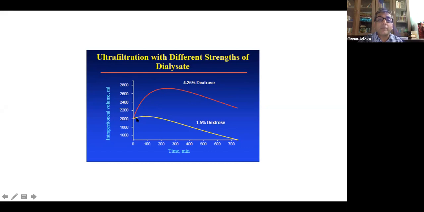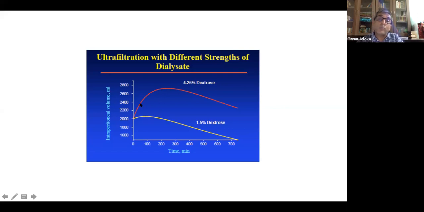That is why there might be some ultrafiltration, for example, 100 ml in the initial hour or two. But if you keep it for longer hours, the ultrafiltration actually can become negative. That means the patient will start retaining the fluid. So you put in 2 liters, you may get only 1800, which is called negative ultrafiltration.